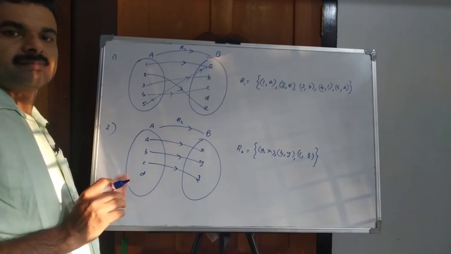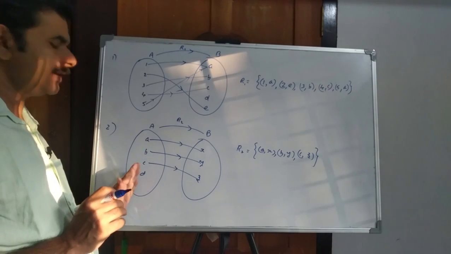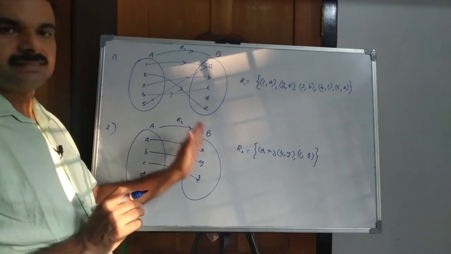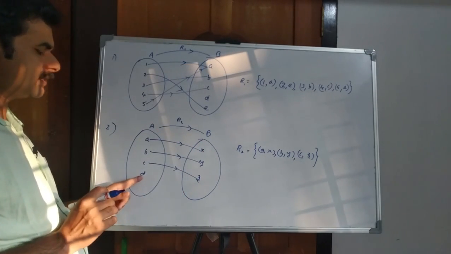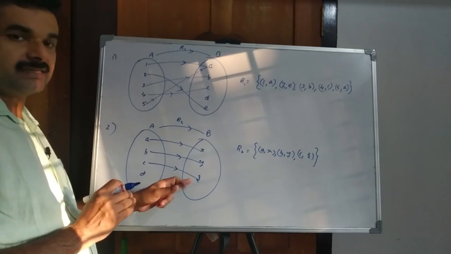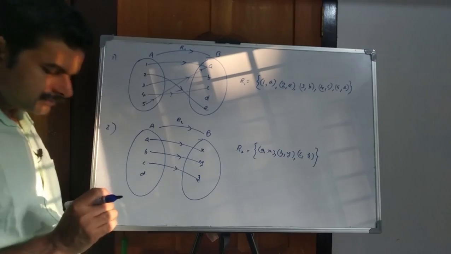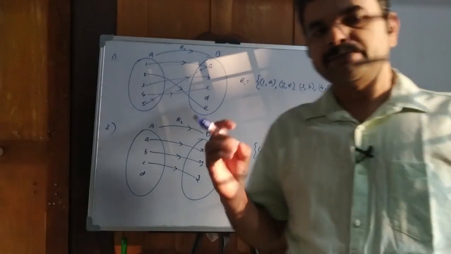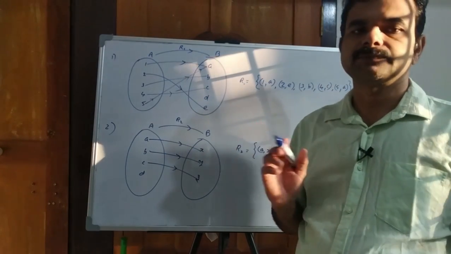Here every element of the set A is not connected with the elements of the set B. Here D has no connection with any of the elements of the set B. Clear? So now we are discussing some particular types of relations.